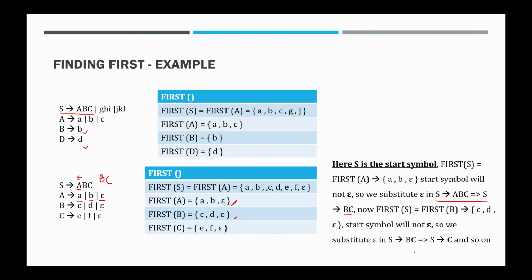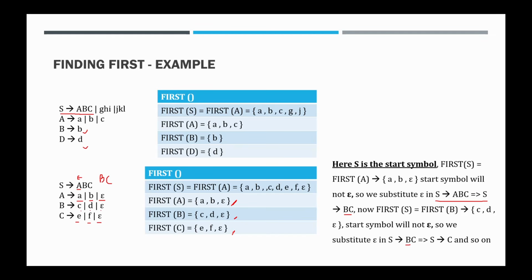So here when I put epsilon in B, what happens? My production changes as S tends to C. Now what is there on the right hand side? Just C. So we need to find the first of C. What is first of C? E, F, epsilon. So here I have included first of C as E, F, epsilon.